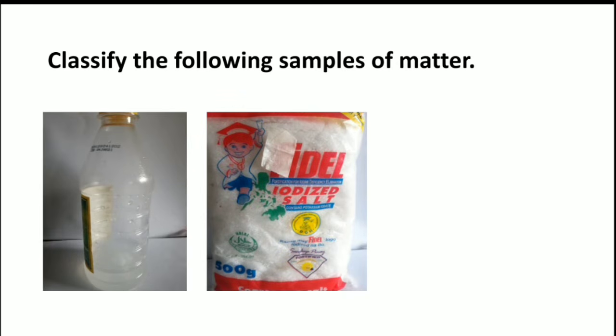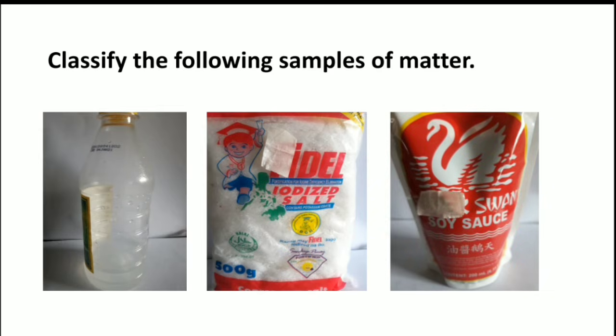Suppose it has iodine in it, then we can also categorize it as a homogeneous mixture. But assuming that it is just NaCl, the correct classification is a pure substance, or compound. And this one, soy sauce, is the same as vinegar. It is also a mixture of several components or ingredients, and therefore a mixture.